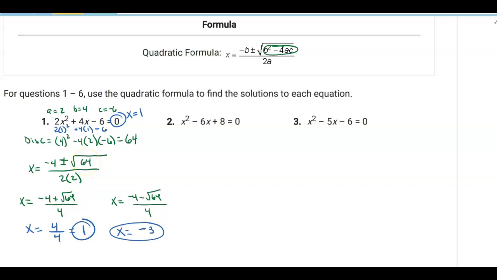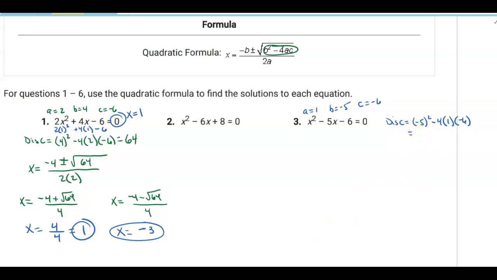Now in the next one, I know I could factor it, but we're going to do number 3, and we're going to say here a is equal to 1, b is equal to -5, c is equal to -6. So I evaluate my discriminant, and I get -5 squared minus 4 times 1 times -6.